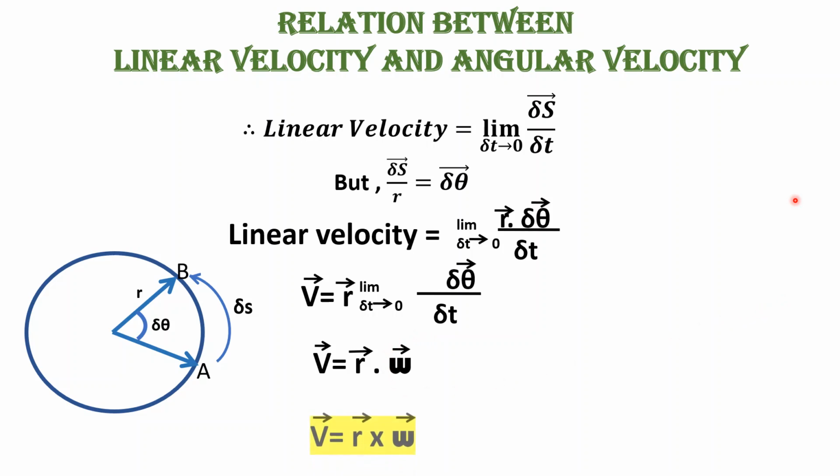Therefore we can write the relation between linear velocity and angular velocity: linear velocity is equal to r into angular velocity. They are all vector quantities, so we can write vector v is equal to vector r cross vector omega.